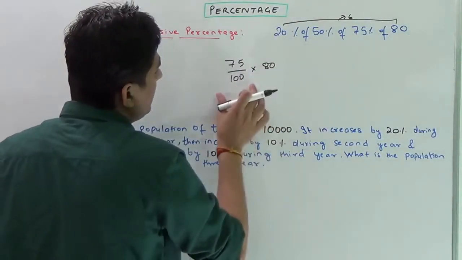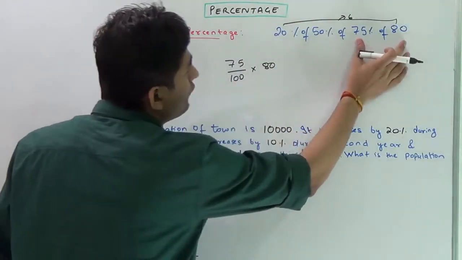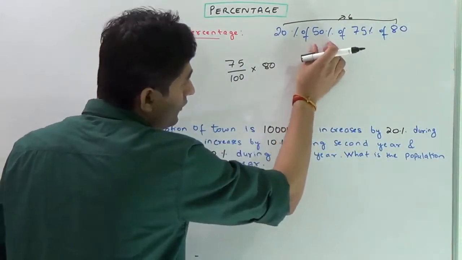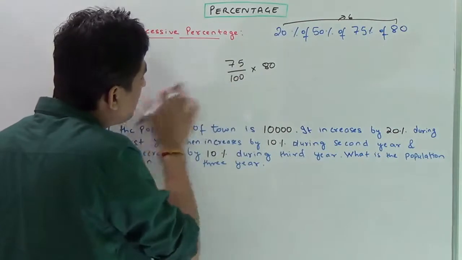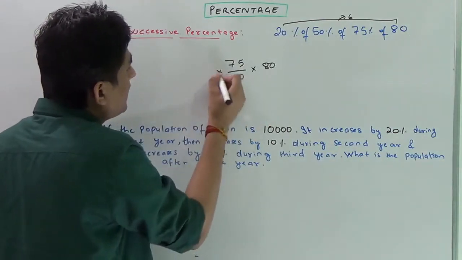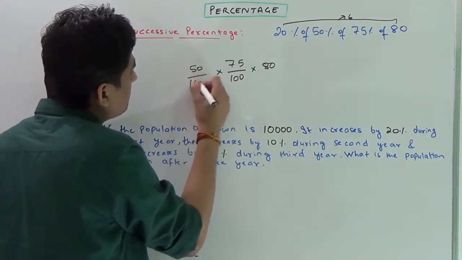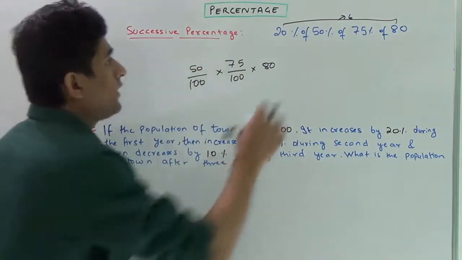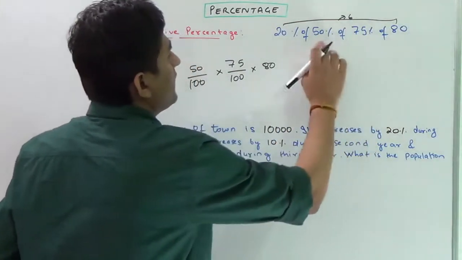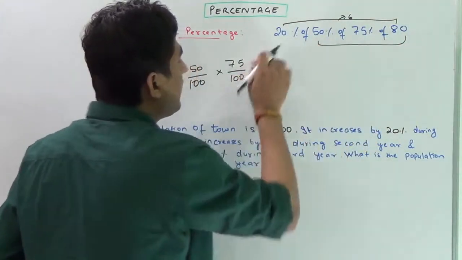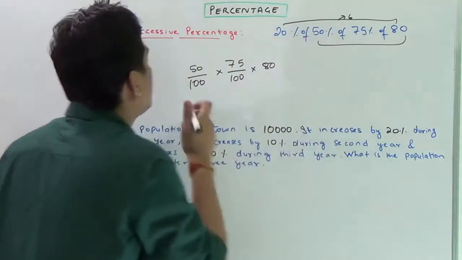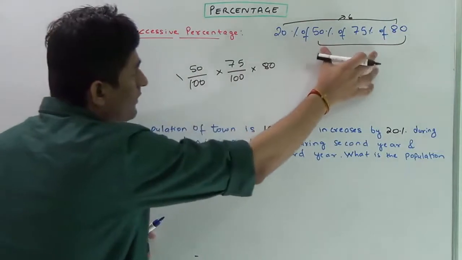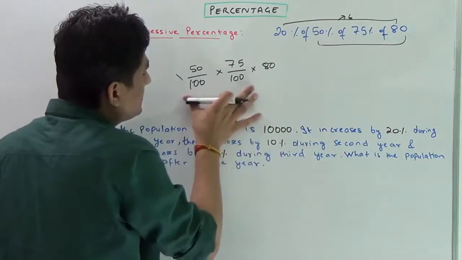Here 75 by 100 into 80 is the value of this expression, and now we have to find the 50% of this whole expression. So I can write it like this. Okay, now I've got the value of this expression from here to here. Now I have to calculate 20% of all that value.